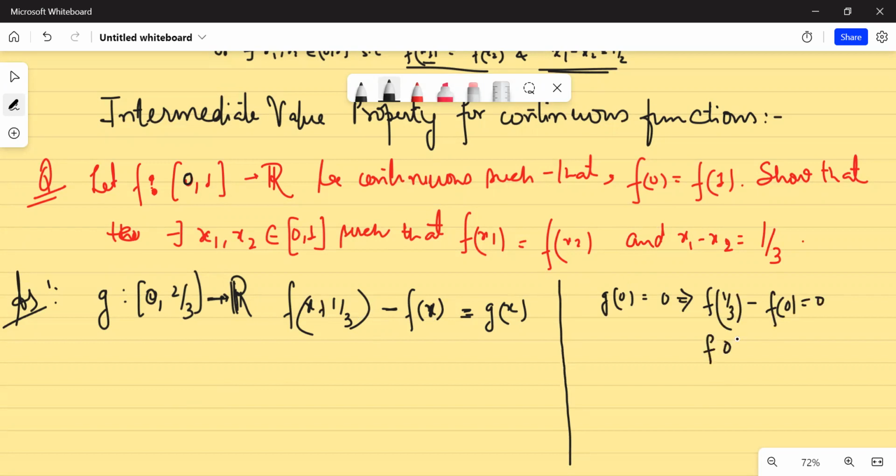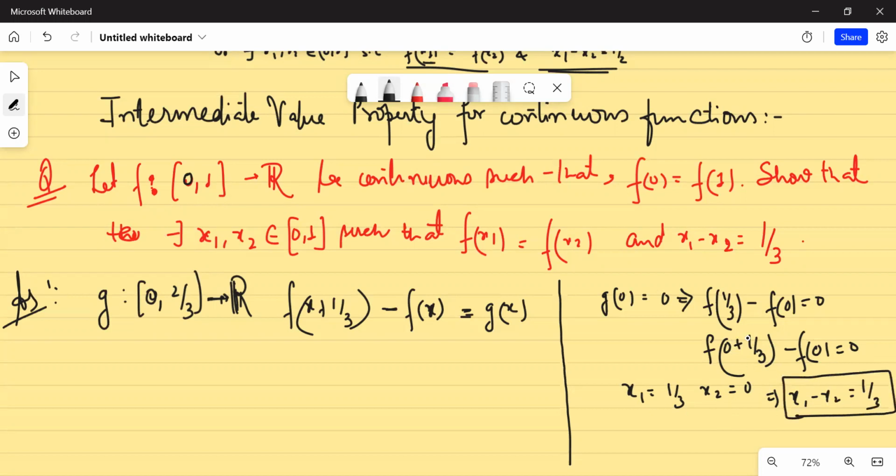And then there is nothing to prove, because in this case you can clearly see that your x1 has become 1/3 and your x2 has become 0. So instead of x1 I have written 1/3, and instead of x2 I have written 0, which implies x1 minus x2 is 1/3.